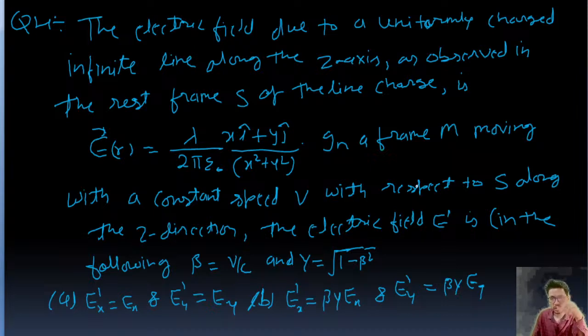We need to find the electric field E dash with respect to that M frame, given beta is v upon c and gamma is 1 upon root of 1 minus beta square. V is the velocity of that M frame moving along the z axis with respect to S frame.